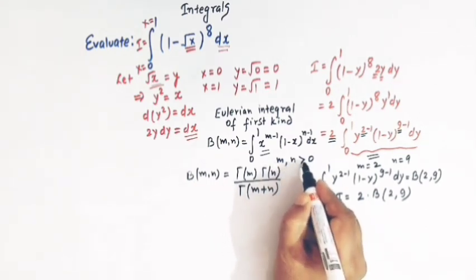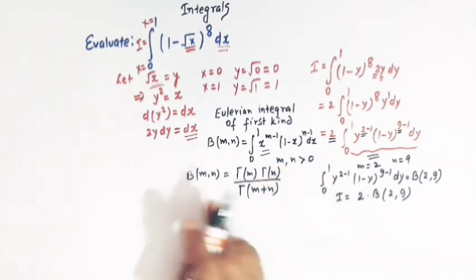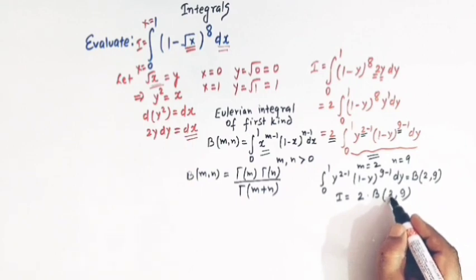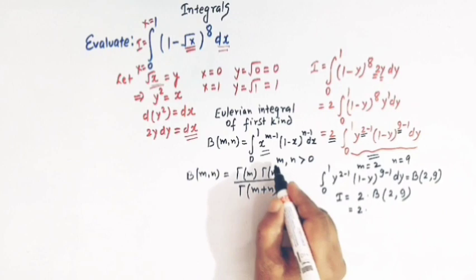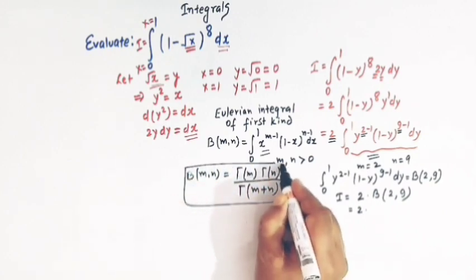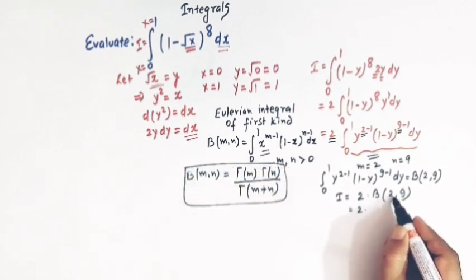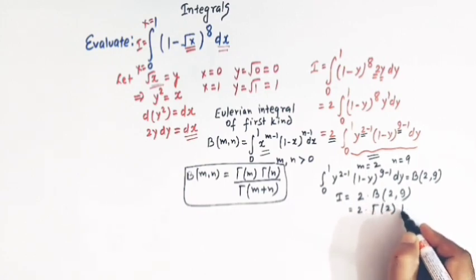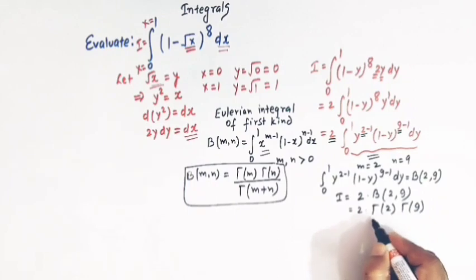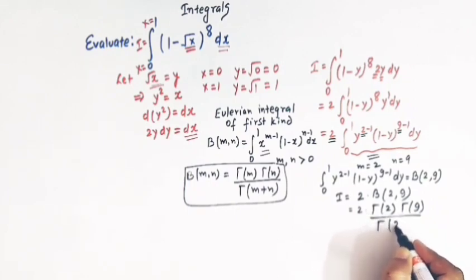Where m and n are greater than 0, right? So here we have m is equal to 2 and n is equal to 9. So using this relation, we can write beta 2 comma 9 as gamma of 2, gamma of 9, and then we have gamma of 2 plus 9.